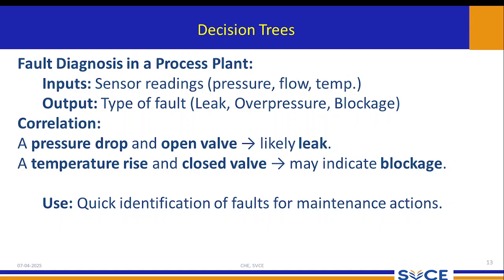So the output is the type of fault. We can understand whether a leak has happened, or over pressure, or a blockage, and find it as an output. How to find it out?